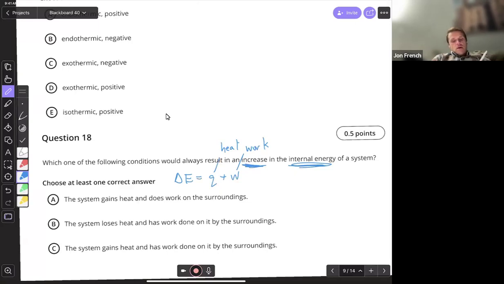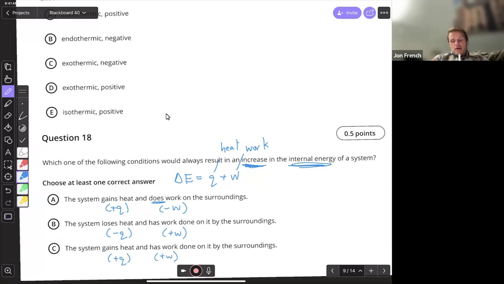System gains heat, that's a plus Q, but it does work, so that's a minus W. So that one, we're not sure. It depends on the magnitude of each of those. System loses heat, minus Q, has work done on it, that's a plus W. System gains heat, that's a plus Q, and has work done on it, that's a plus W.